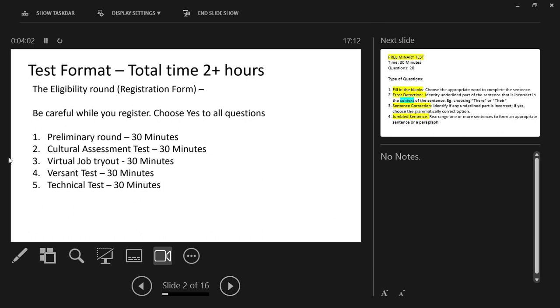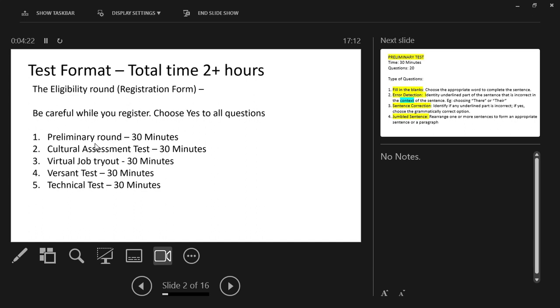Now there are five modules here. The first module is the preliminary round, which is 30 minutes. If you pass this round, only then will you be allowed to go to the next round, which is the cultural assessment test.